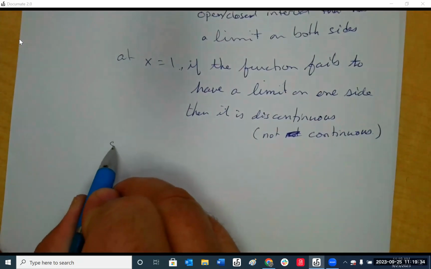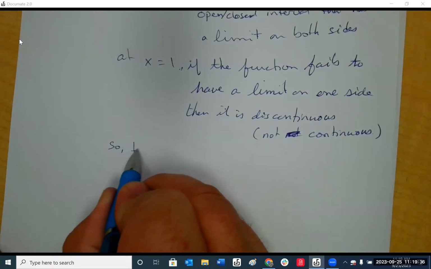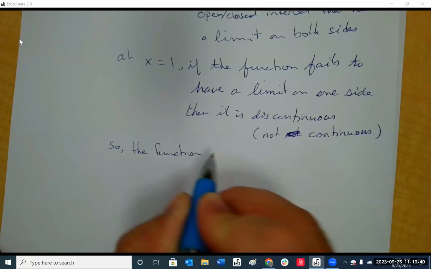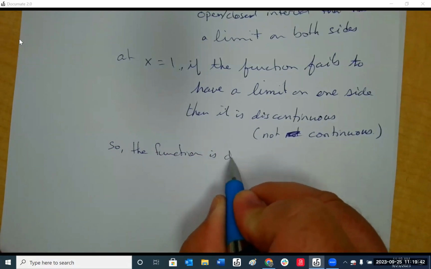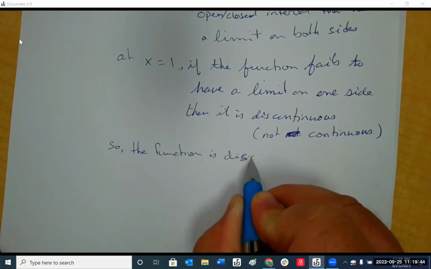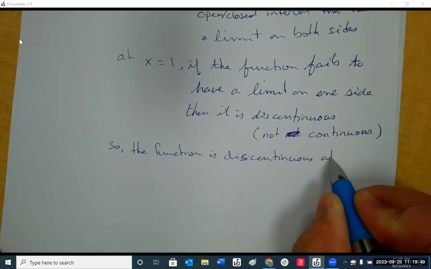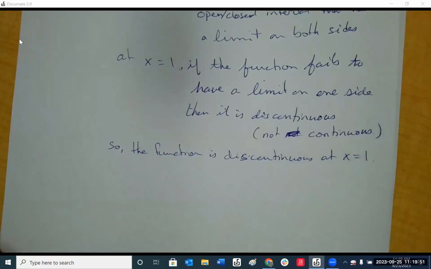So the function is discontinuous at x equals 1.